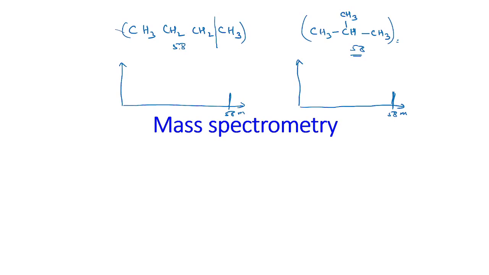Or you can say if we remove one of these hydrogen atoms, what will happen? Or if we want to remove one of these methyl groups, what will happen? Say for example, when we are removing this methyl group, we will be having 43 here.